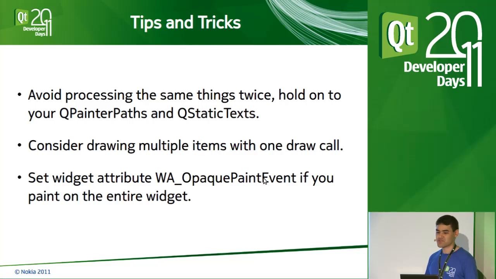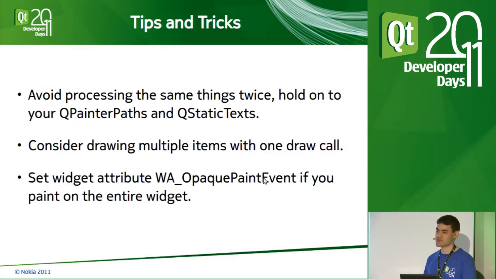I also have a few tips and tricks that I didn't cover specifically today, but you should not process the same things twice. So hold on to your QPainter paths, especially the OpenGL paint engine will do some caching to reuse when it sees that the QPainter path is reused. Use static texts, if that makes sense, to hold on to your layouts.